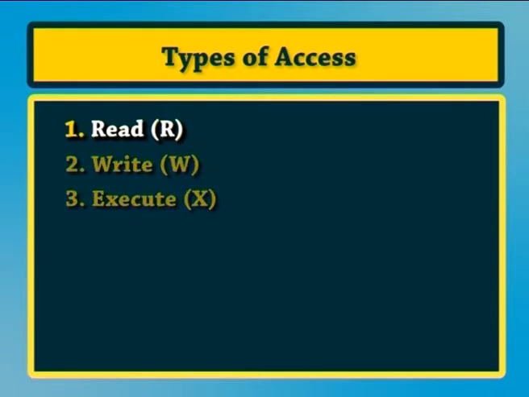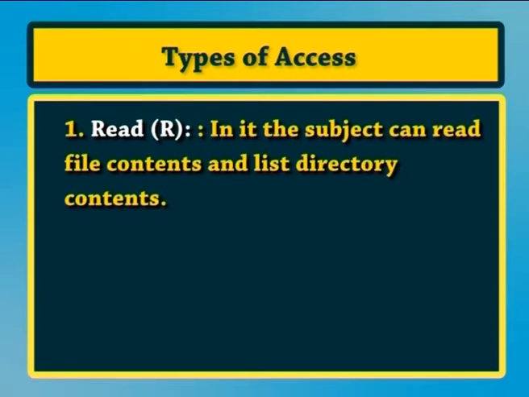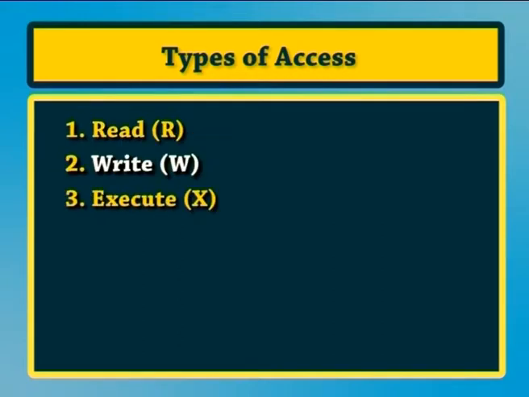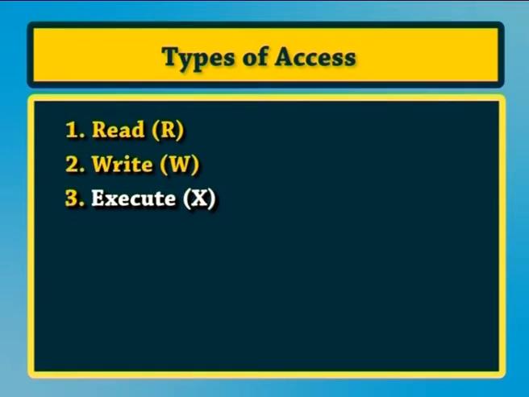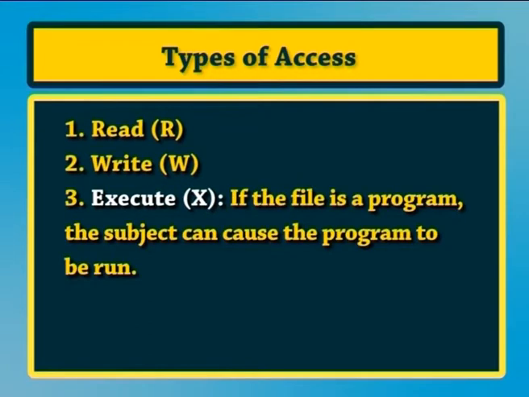Number 1, read. In it, the subject can read file contents and list directory contents. Number 2, write. The subject can change the contents of a file or directory with operations such as add, update, delete and rename. Number 3, execute. In it, if the file is a program, the subject can cause the program to run.